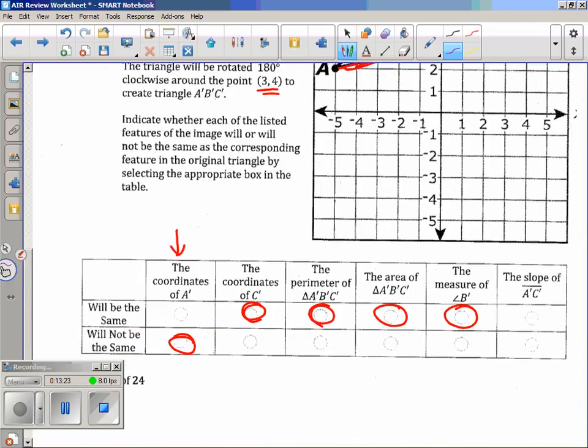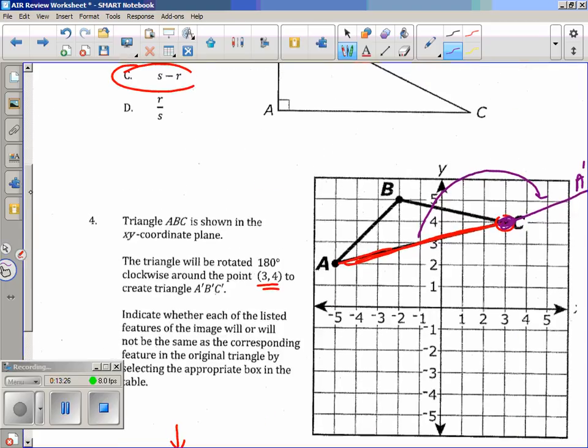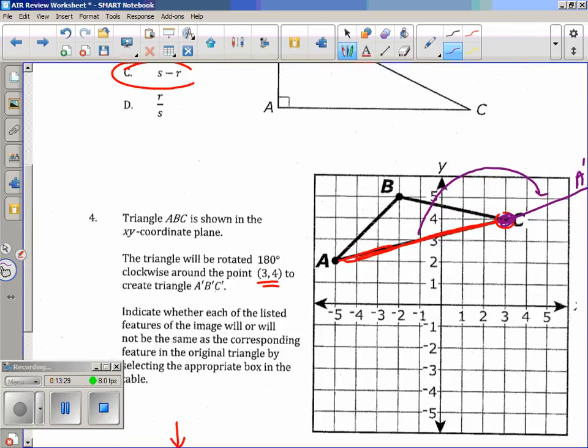However, some of the other lines do change the slope. Notice this line here. If we rotate it 180 degrees, it's going to be something like this. And it does have a different slope. Well, that's the end of this first one, or the second one actually. We'll get back to the third one shortly.